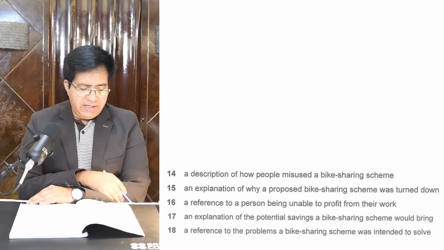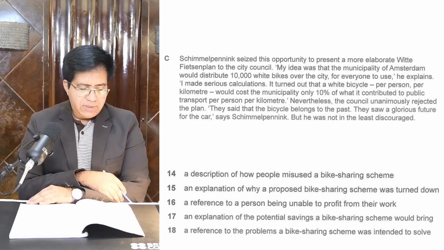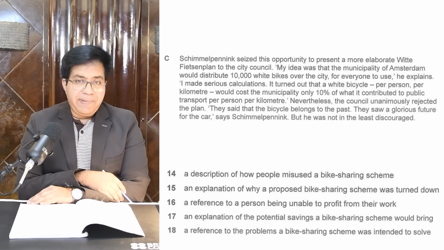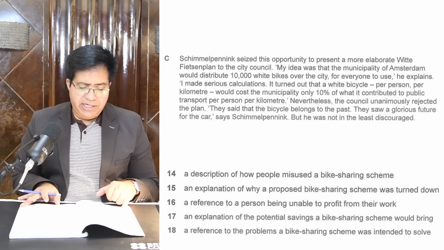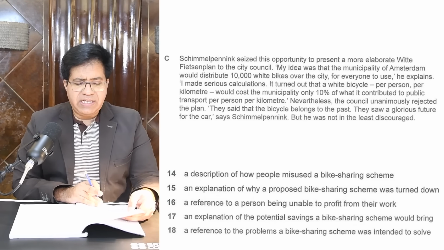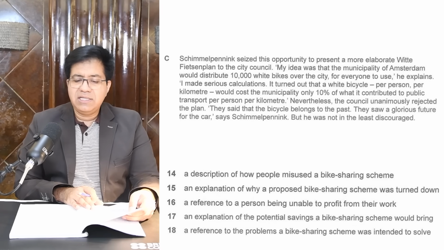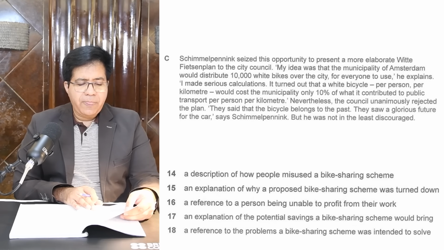Paragraph C, third last line. Nevertheless, the council unanimously rejected the plan. And what was the plan? Bike sharing scheme. Unanimously rejected the plan means the bike sharing scheme was rejected. So question number 15, correct answer is C.